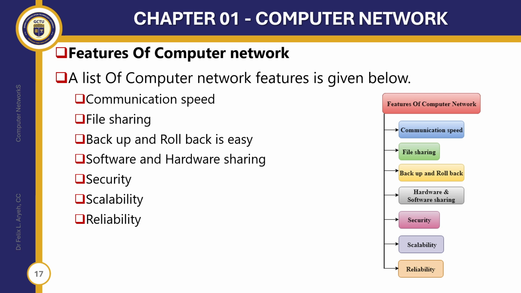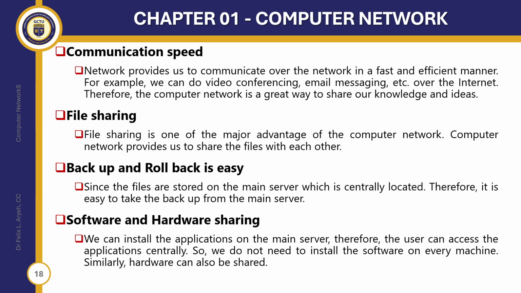Now we're going to go into each one of them, beginning with the first one, which is the computer communication speed. Well, as you can see on the screen, the network provides us the ability to communicate over the network in a fast and efficient manner. A typical example is what has been outlined here, that when we do video conferencing or we send emails, you can imagine how fast it is for the second party waiting for the message to receive it.